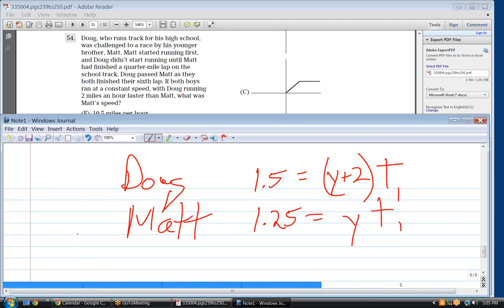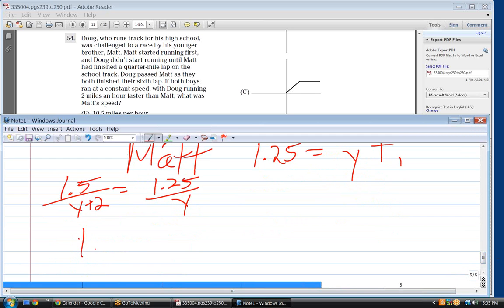Okay, so now when I do the math, I get 1.5 divided by y plus 2 equals 1.25 divided by y. Now I get 1.5y equals 1.25y plus 2.5.